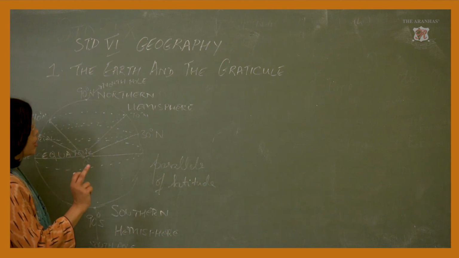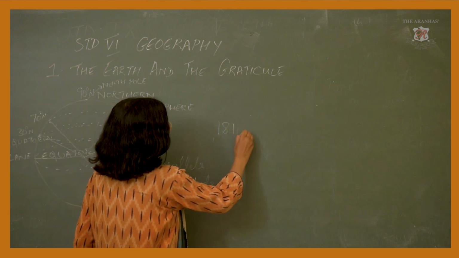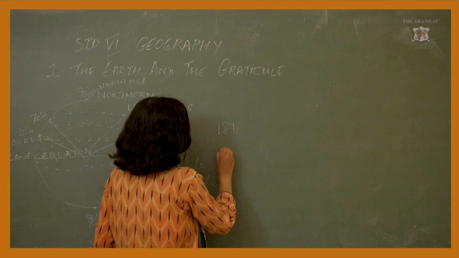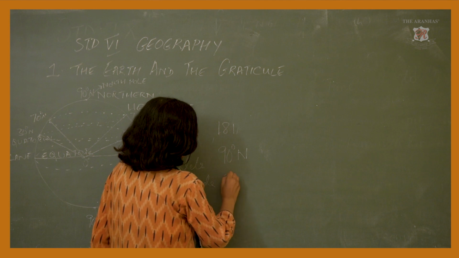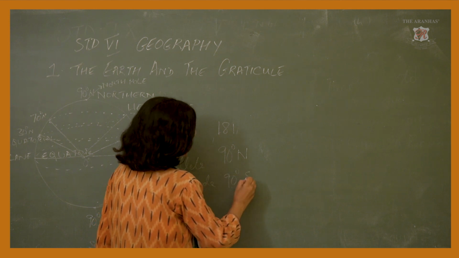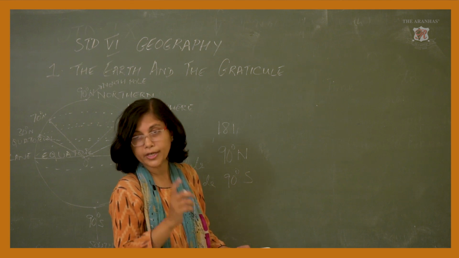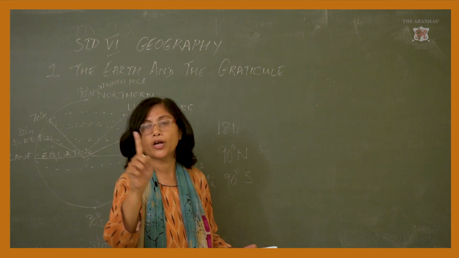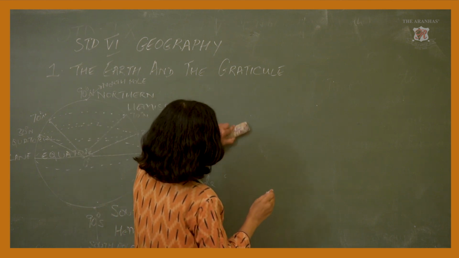So, we have a total of 181 parallels of latitude that you can draw. You have 90 degrees in the north, 90 degrees in the south. If you draw every single parallel at a 1 degree difference, let me write this for you.